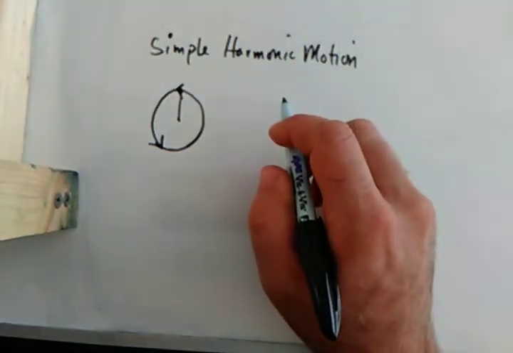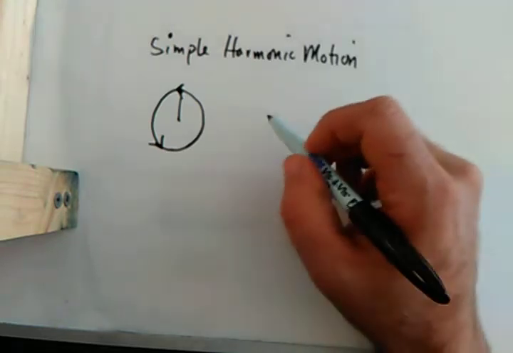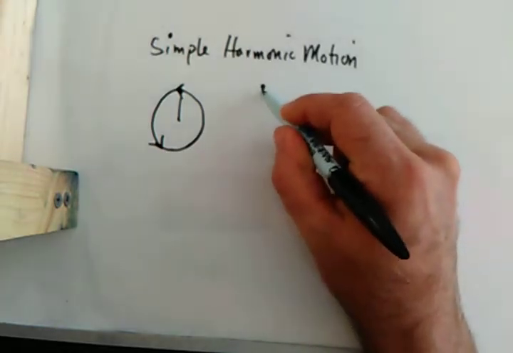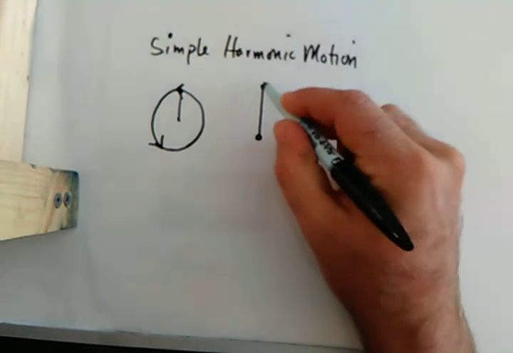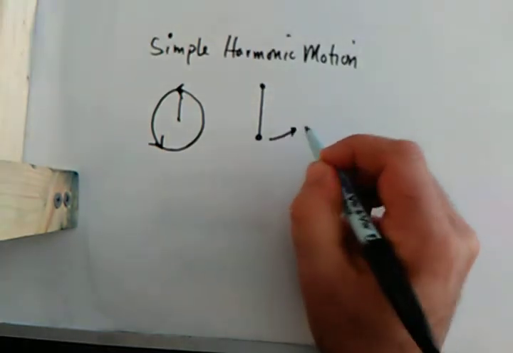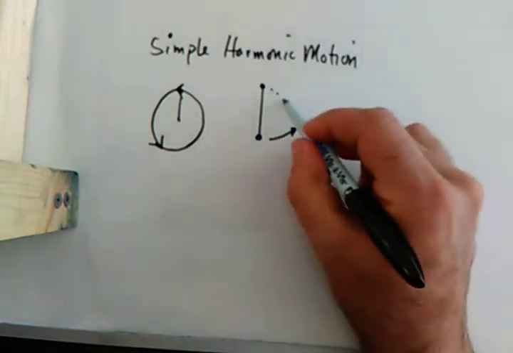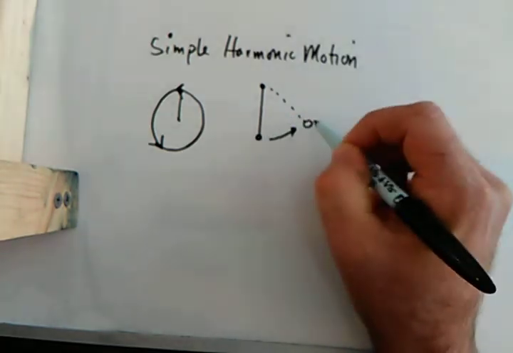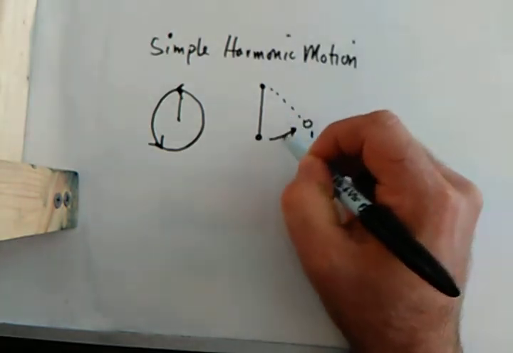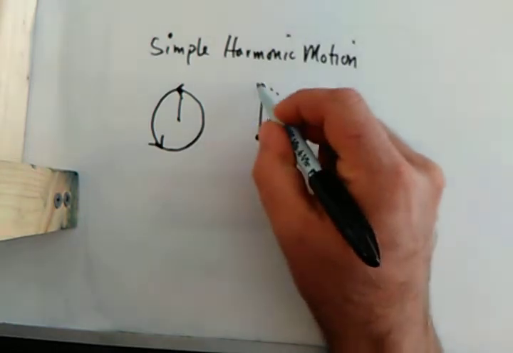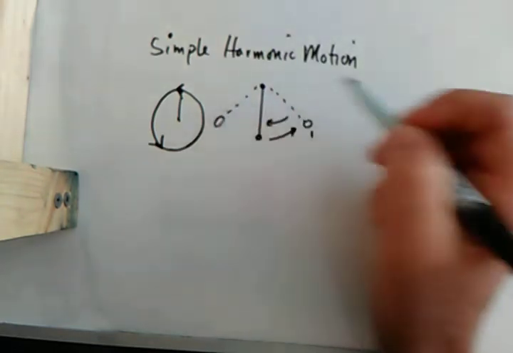One thing that I can think of is a swinging object. So if I have an object that swings up like this, it ends up here, and then it swings back and ends up here.